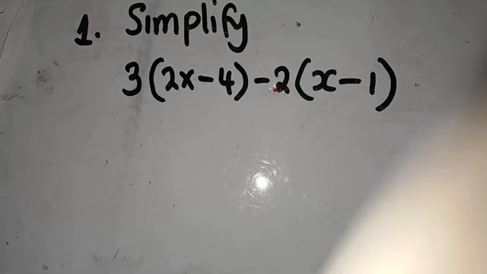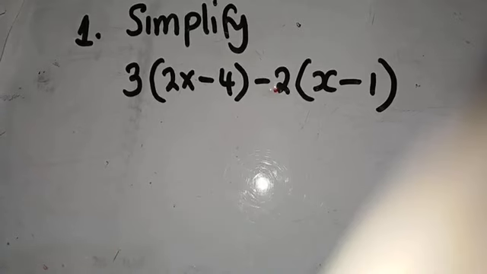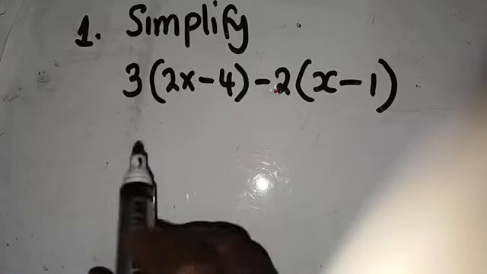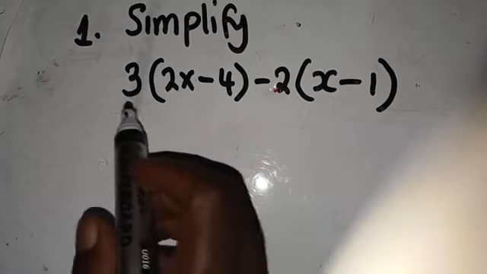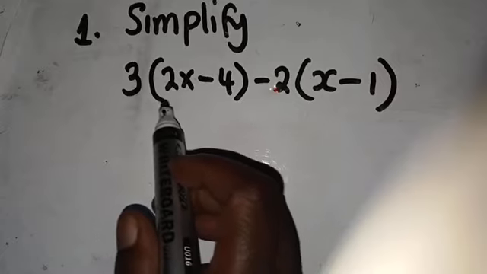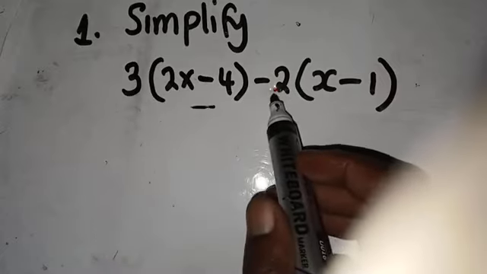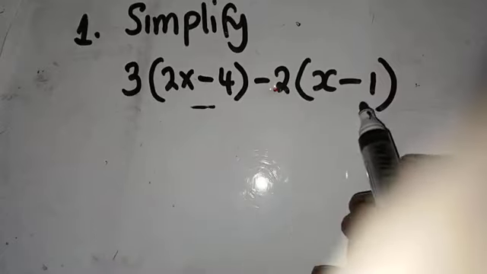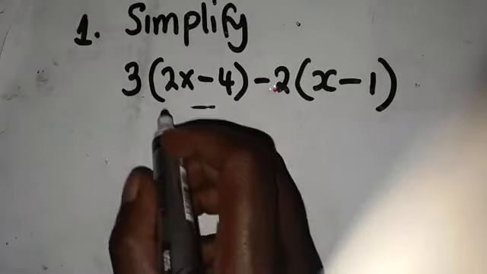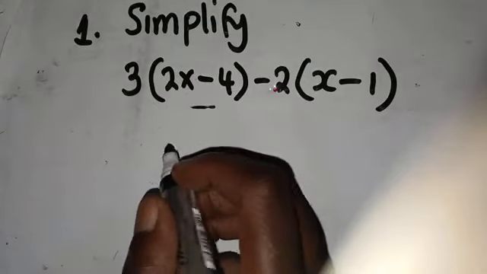Okay. So what we're supposed to do, first of all, ladies and gentlemen, is to get rid of the brackets. Each time we have brackets in the question, we get rid of them. So in the case of this question, how do we get rid? We need to distribute this 3 on this, then we distribute the -2 into this one here. So this is going to be 3 multiplied by 2x.